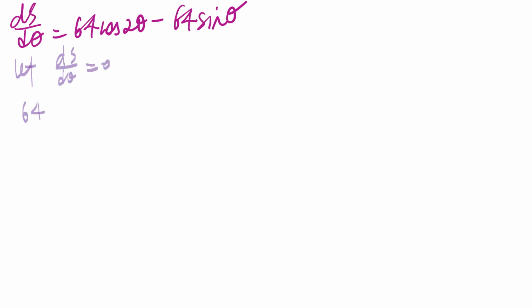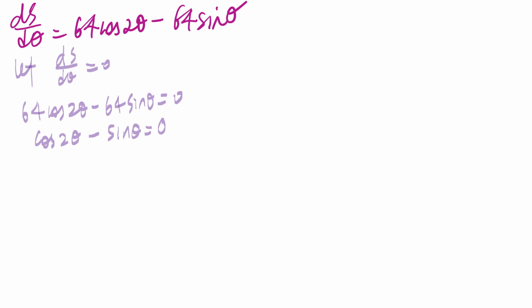So 64 cosine 2 theta minus 64 sine theta equals 0. There's a common number there, which is 64, so I'm going to divide by 64 throughout. You end up getting cosine 2 theta minus sine theta equals 0, since 0 divided by 64 is 0.